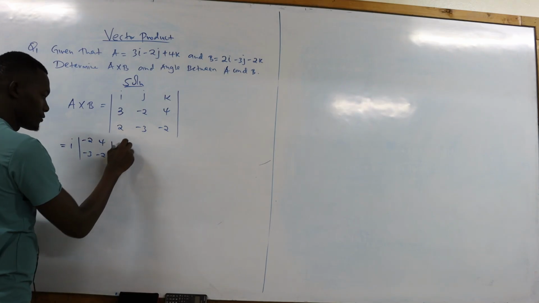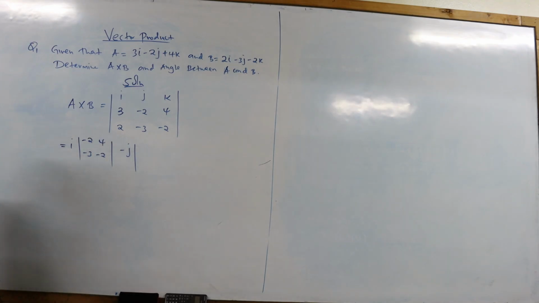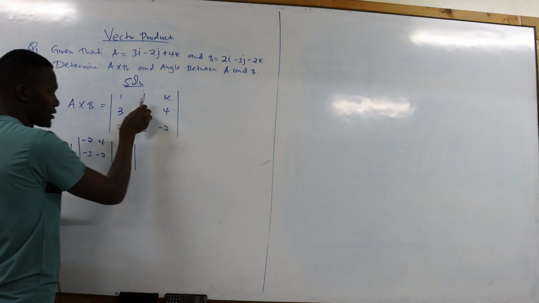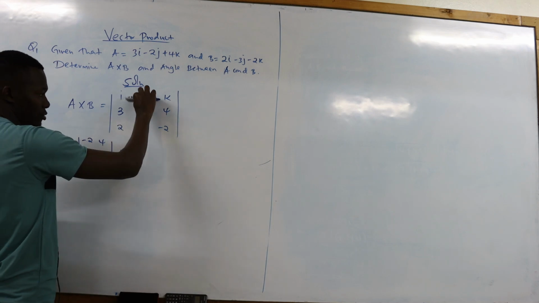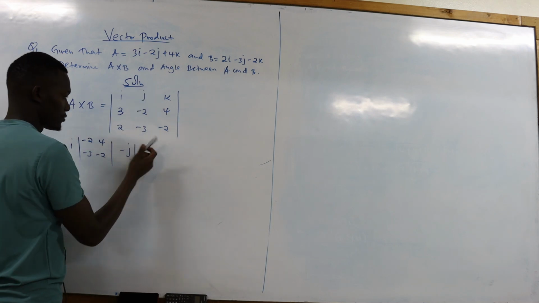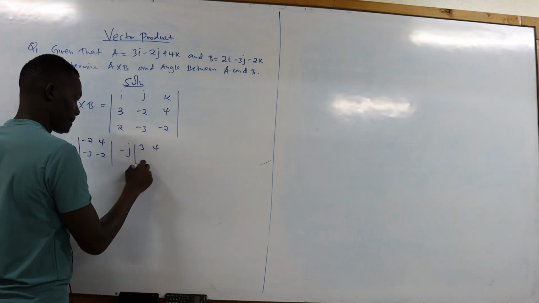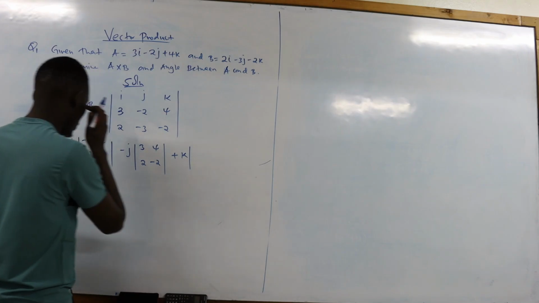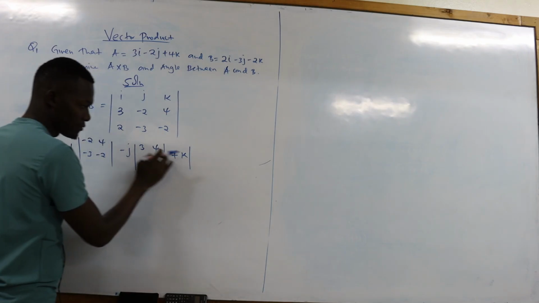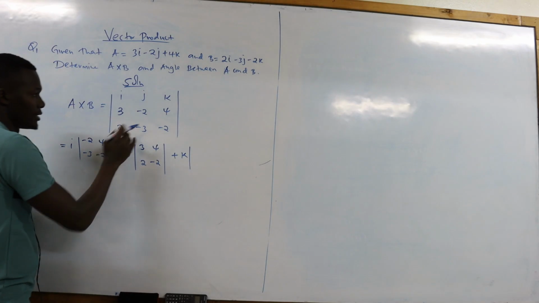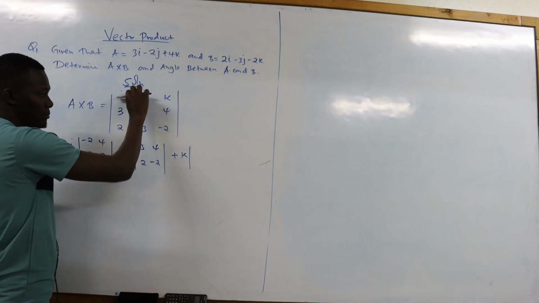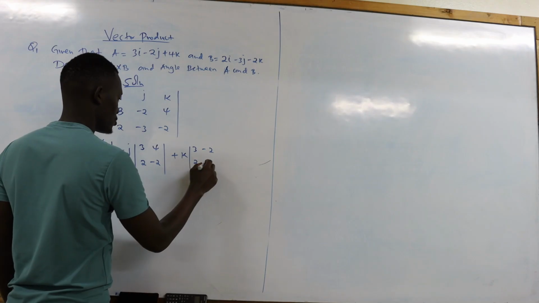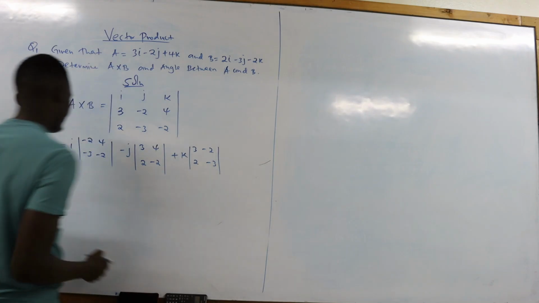The next value is always a negative, so it is negative j. Again, cross the column, cross the row: 3, 4, 2, negative 2. Last one is k. Remember, the values alternate: positive, negative, positive. Then cross again the column and the row, so you have 3, negative 2, 2, negative 3.